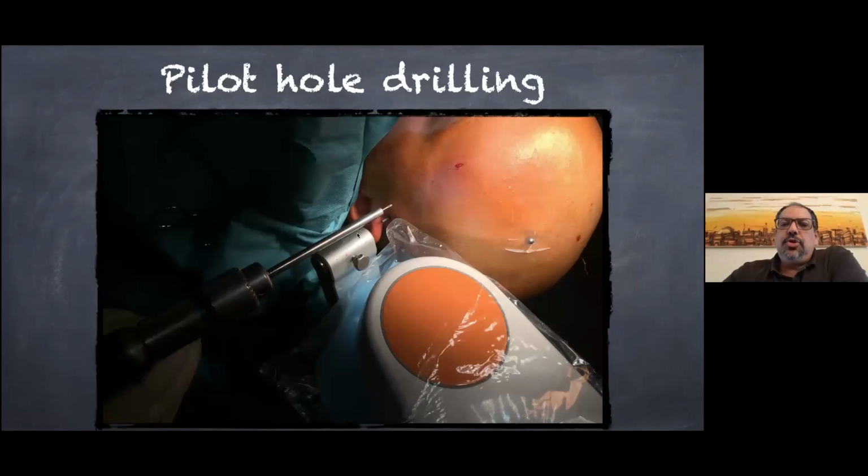Once we are in position, we first do a pilot hole drilling with a special drill that has a large body and a very thin but very short drilling tip. It is very solid and does not bend.